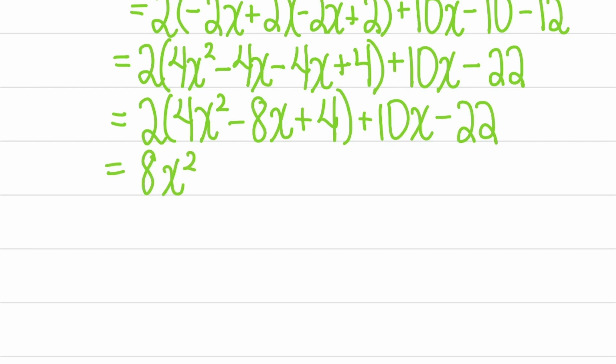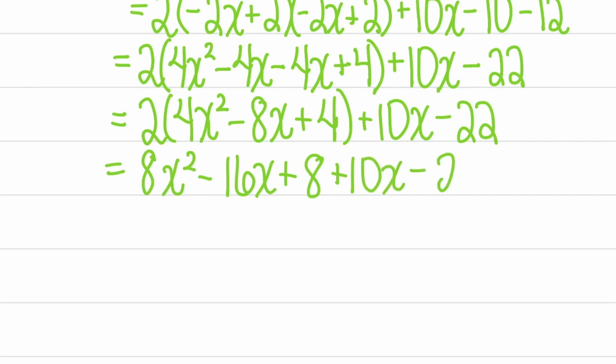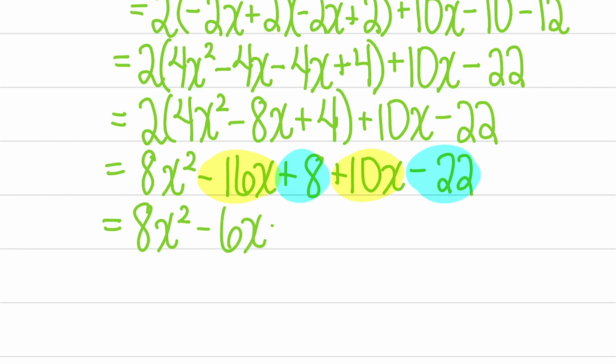So we get 8x squared minus 16x plus 8 plus 10x minus 22. Now we can combine our like terms. So we have 8x squared minus 6x minus 14. And we're going to get an answer like this.